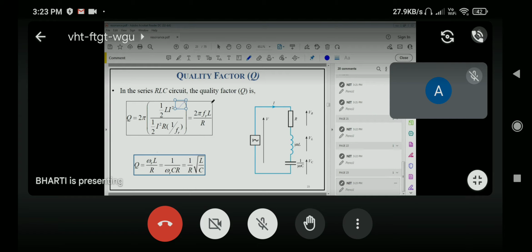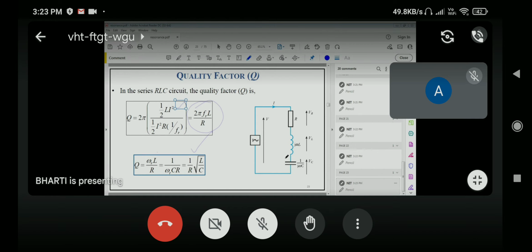So this is 2 pi Fr L divided by R. Or we can say omega L upon R, which is Z upon R, or 1 by omega C R also, and Q can be taken as 1 by R under root of L upon C. So you can note down and remember these expressions for finding the quality factor. Is it clear?